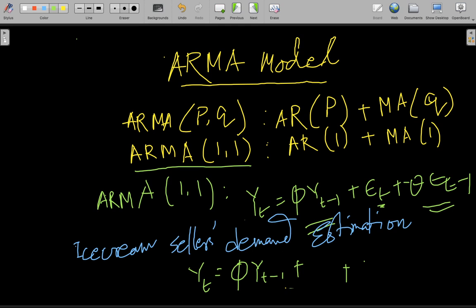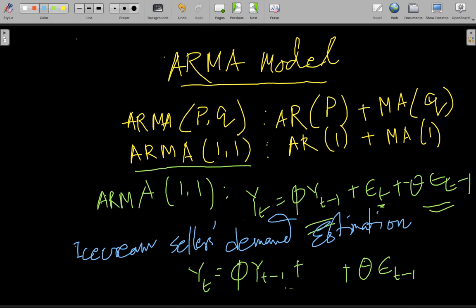So the observed error term here is epsilon_(t-1). Now, the epsilon_(t-1) term is going to come from the real observations. So what are the real observations here?